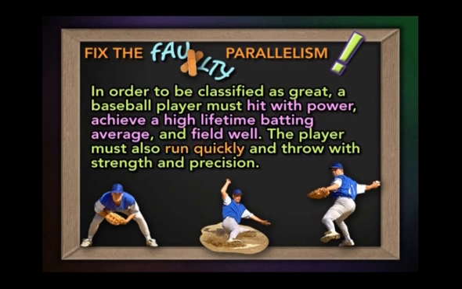Second parallelism, run quickly. Second one, throw with strength and precision. By paralleling them, I've created a smooth, rhythmic, and logical sound. So you can use parallelism to link related ideas and to make your writing more logical.